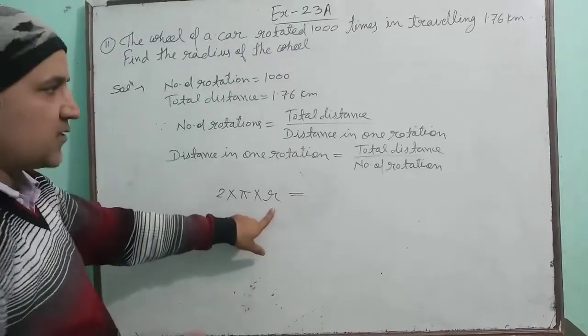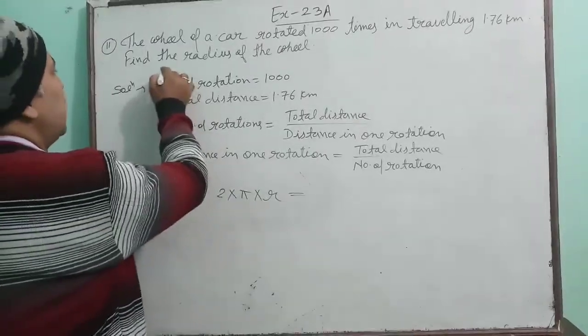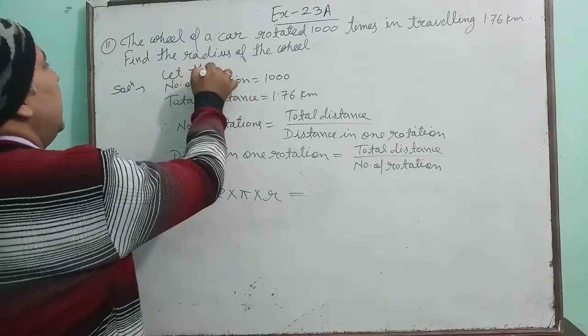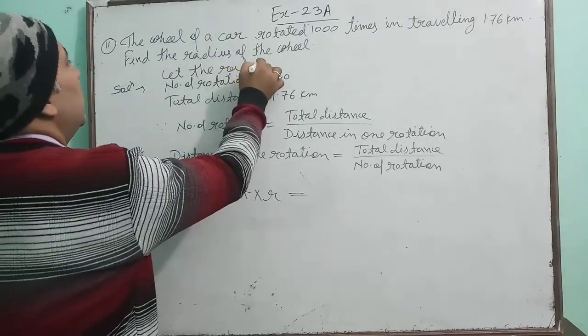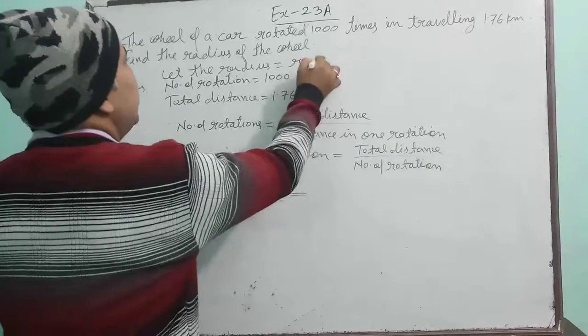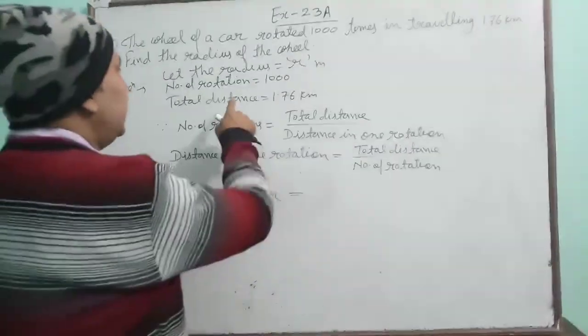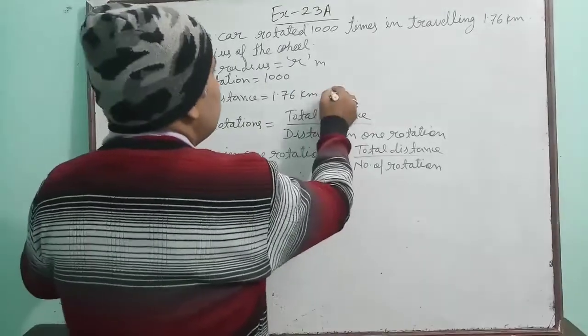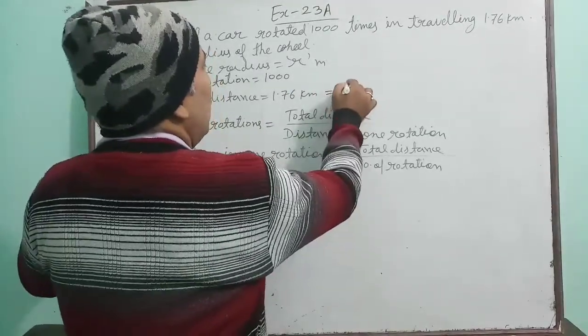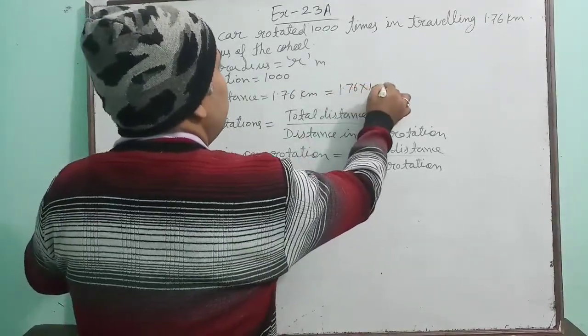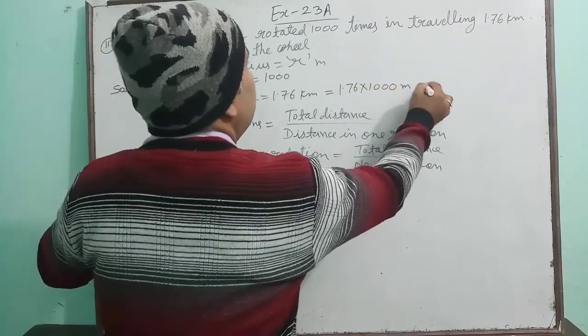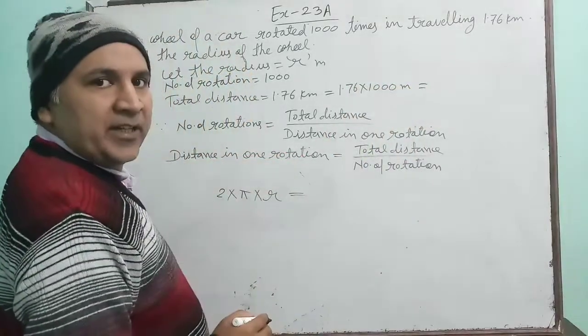R is the radius. In this question, suppose that let the radius be r meter. Then convert this total distance into meter. 1.76 will be multiplied by 1000, then it will become meter.